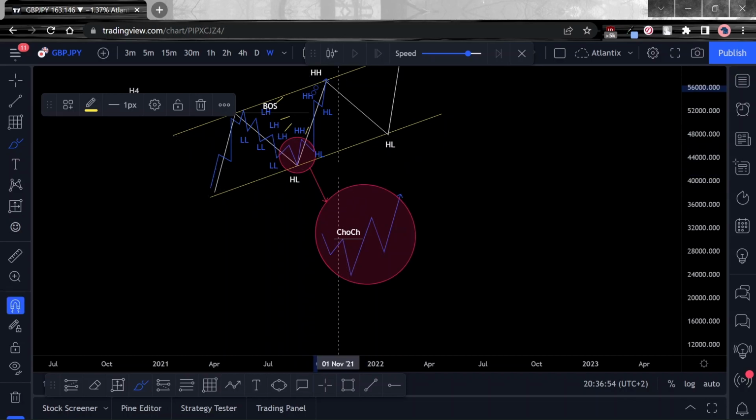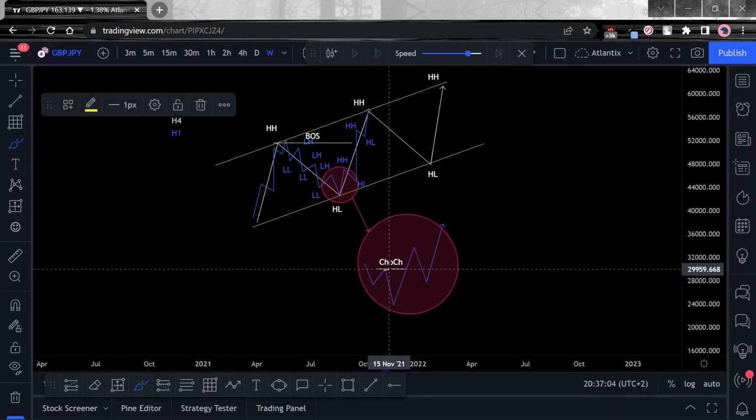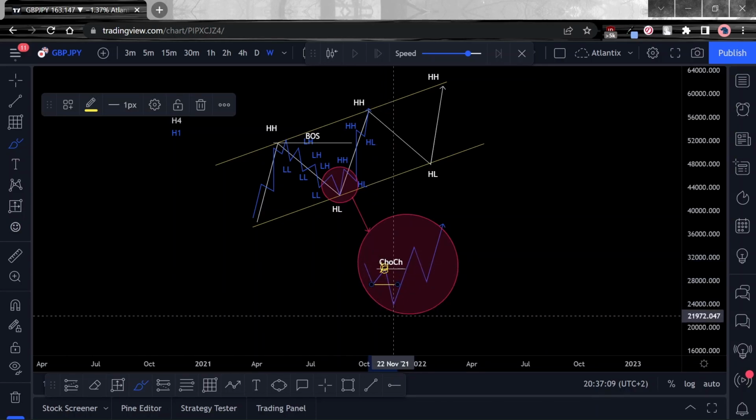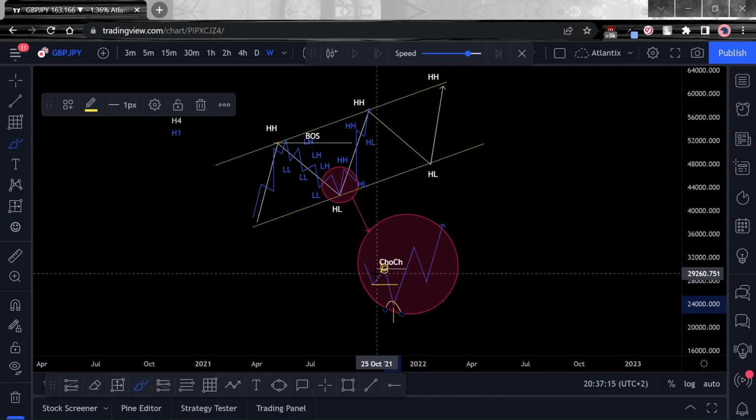So the first sign that we see is that price is now making a high, which is a break of this previous high, which would have been a swing point because it broke the previous low to come over here and create a lower low, right? We expect this to be protected as long as the trend is still bearish.